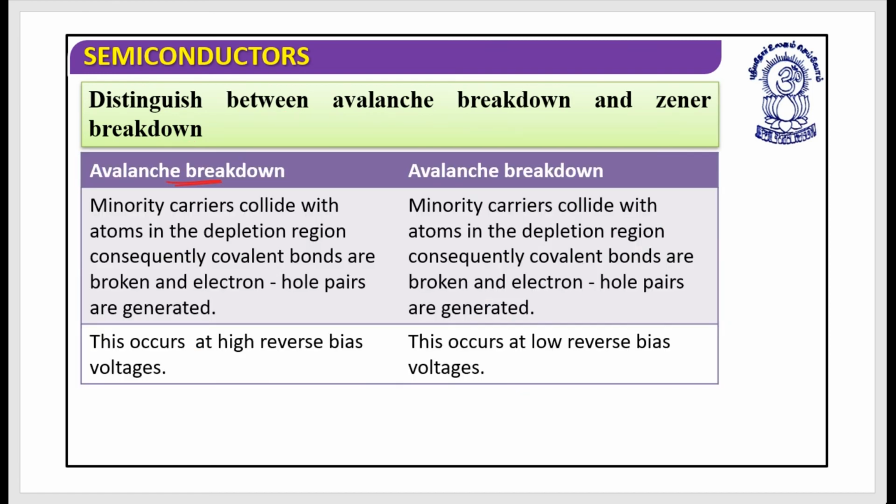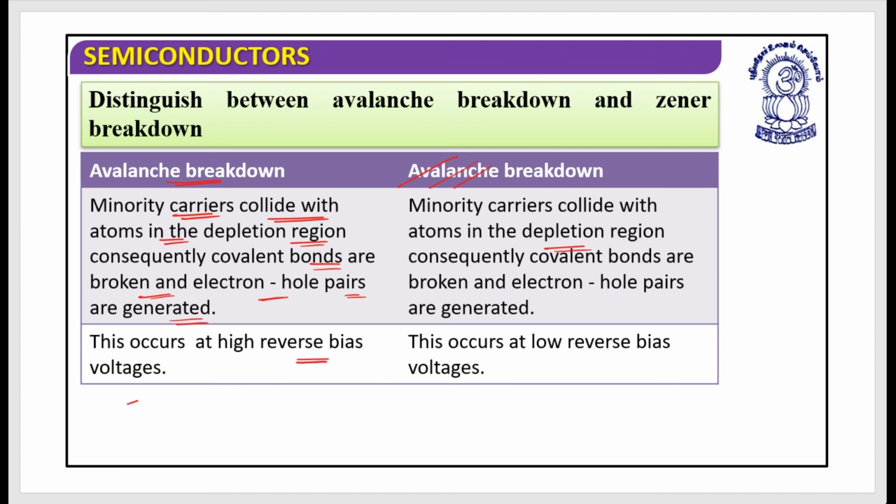In the case of avalanche breakdown, minority carriers collide with the atoms in the depletion region, and consequently the covalent bonds are broken and electron and hole pairs are generated. While in the case of Zener breakdown, the strong field breaks the bonds directly and electron hole pairs are generated.